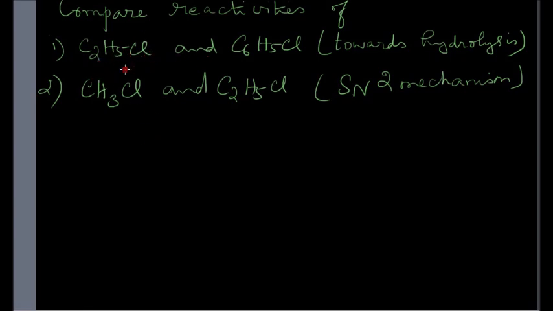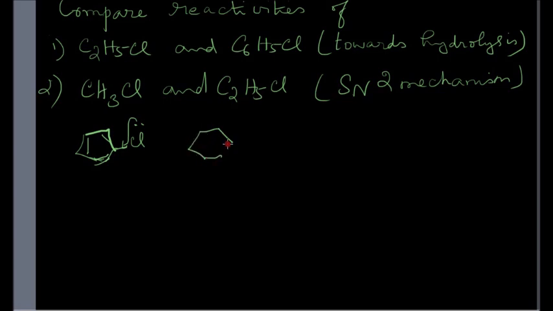Chloroethane, you know, there is no specific important factor there. But chlorobenzene, let me show the structure. Now in chlorobenzene, due to resonance effect, the lone pair of electrons on chlorine tend to flow towards the benzene ring, forming resonance structures.